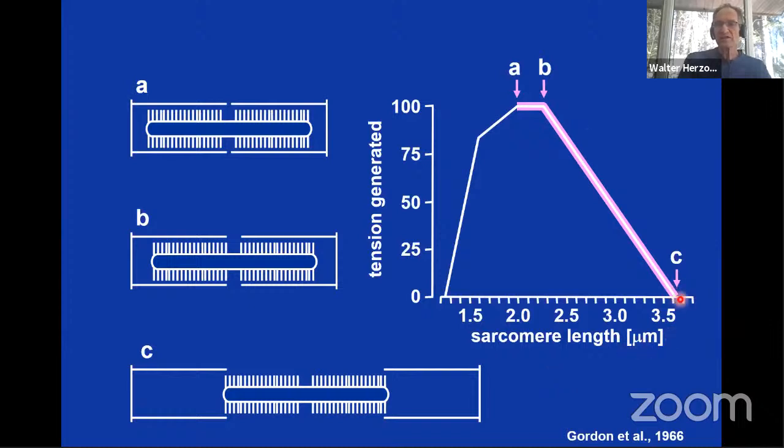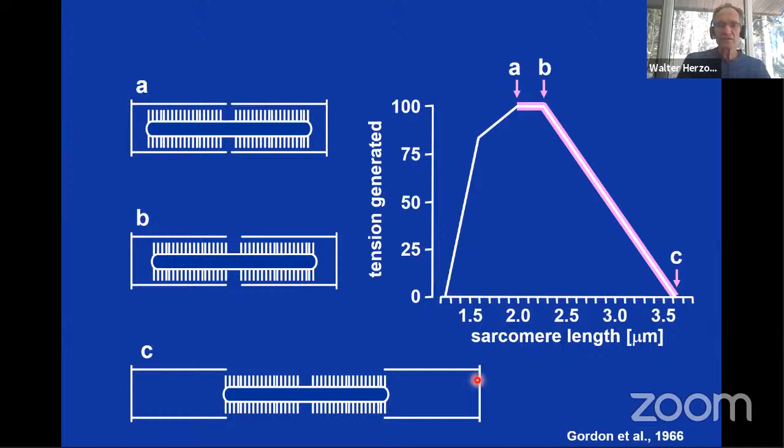So here at C, at the long length where you have no force, that indicates a very long muscle where the sarcomeres are so long that the actin doesn't overlap with the myosin filament anymore, and therefore there's no interaction of the cross bridges with the actin filament, and therefore there's no active force.